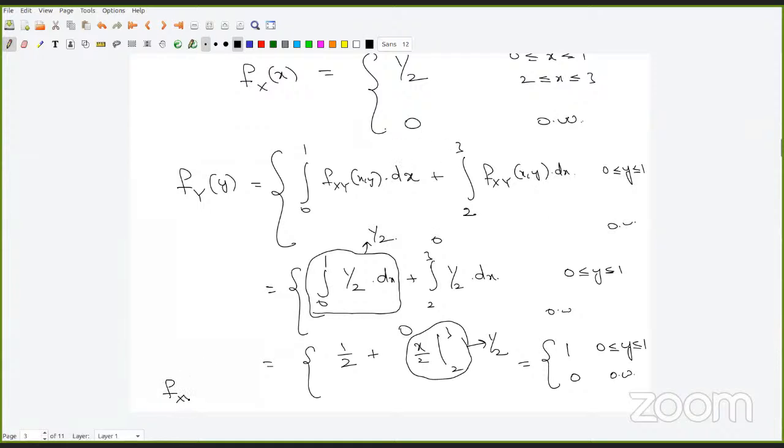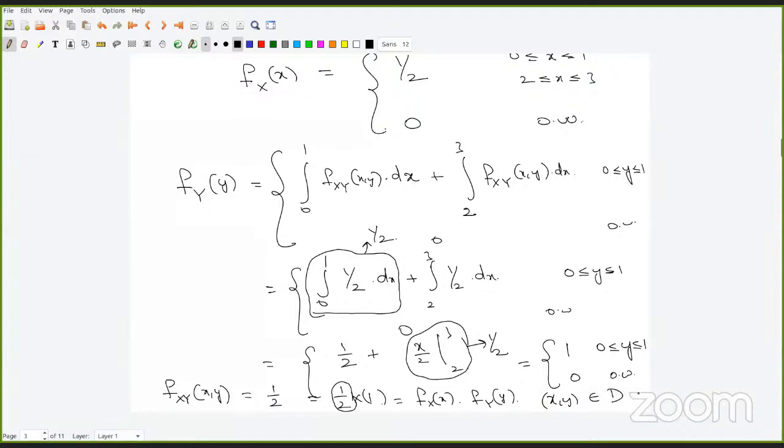So f(x, y) is actually half, and that half is half times 1. So this half is f_X(x) and this one is f_Y(y). The product of marginals is indeed the joint PDF in the support, the region D.